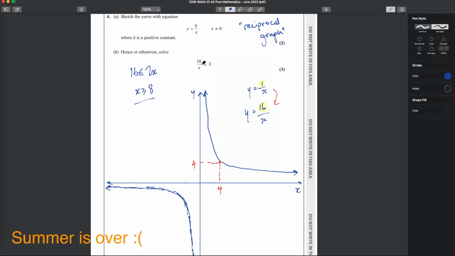Okay, so now we're looking to solve this inequality here. So this reciprocal graph needs to be less than or equal to 2. So the line y equals 2 would be like here.